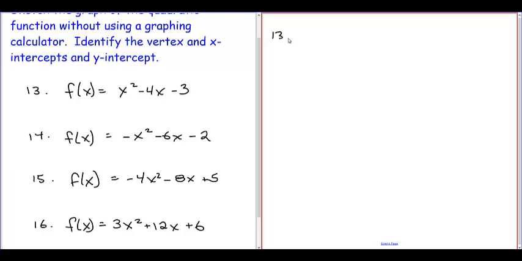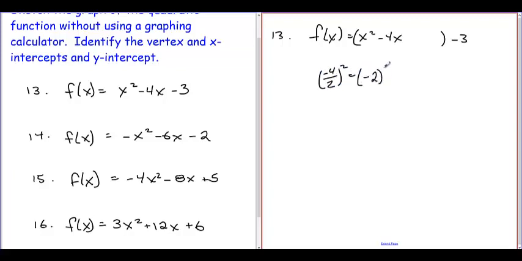So 13. We've got f of x equals x squared minus 4x minus 3, and I'm going to take the negative 3 over here. So we take the coefficient in front of x, divide by 2, square it.